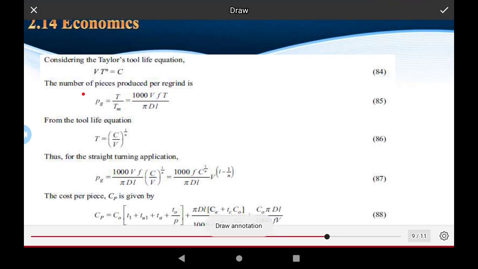The tool life equation is T equal to C by V to the power n. n is the index, and C is the constant, V is the velocity of the tool, and other factors are also present, which we continue in this video.